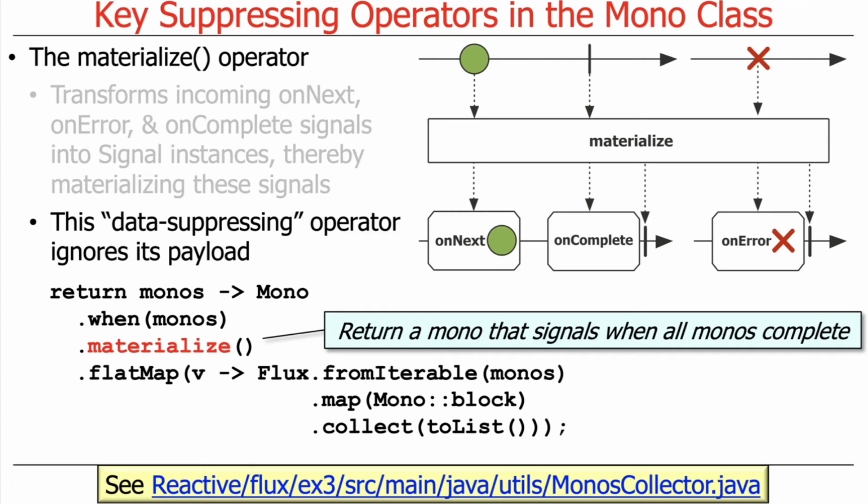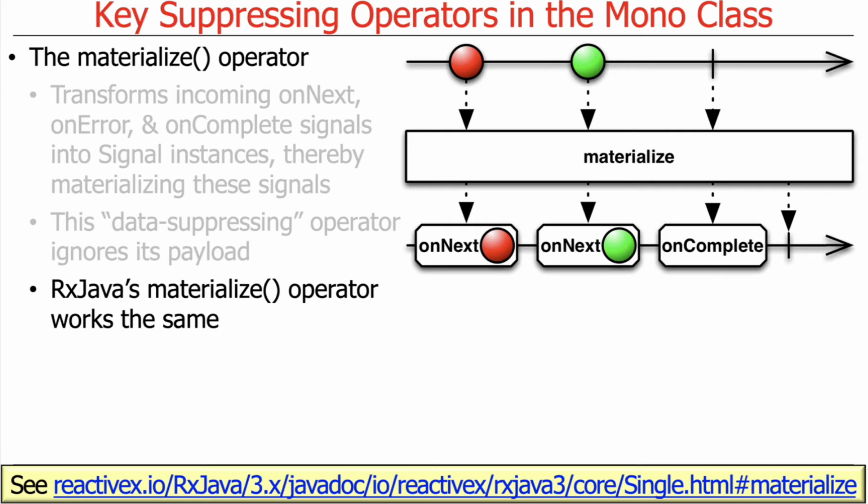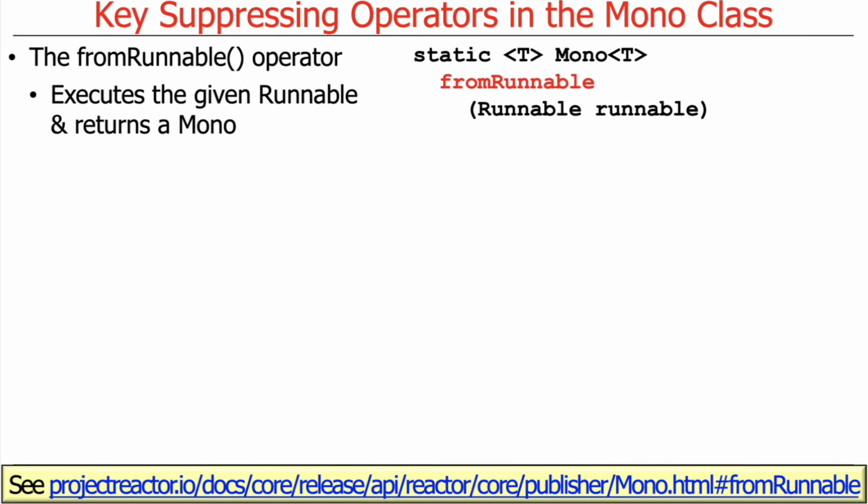It's most commonly used in cases like the one we just looked at a minute ago, where when is going to wait for a bunch of asynchronous computations to finish, and it will then emit a signal which we materialize just to say we're done. No matter what happens, we're done. Again, I'm not quite sure why they need to have materialize in this case, but it plays a role, and we have to use it in this particular context. RxJava has a materialize operator that works in the same way.